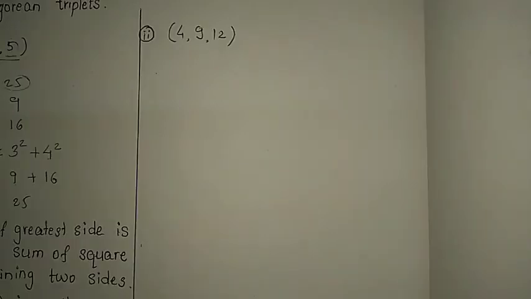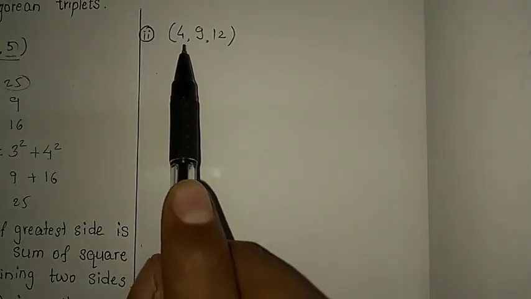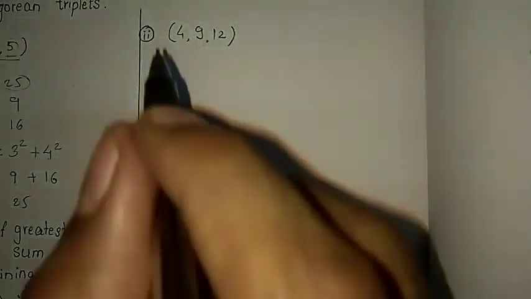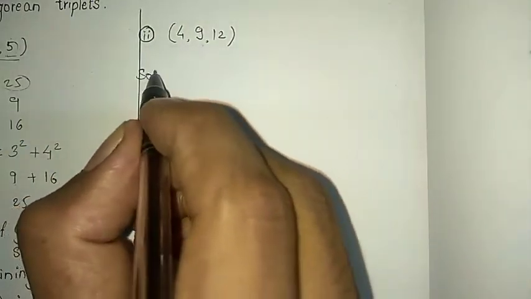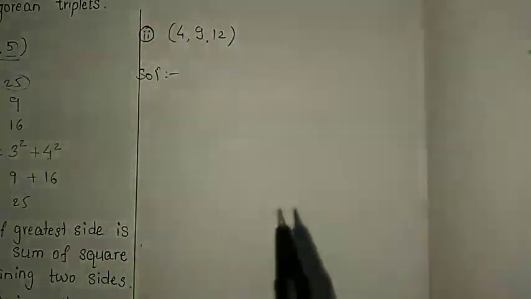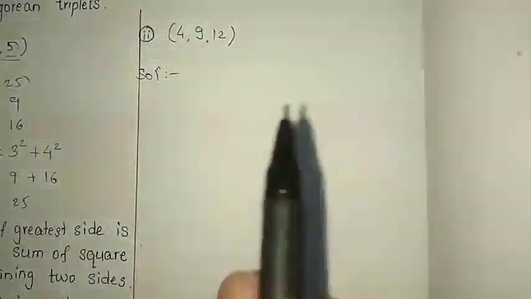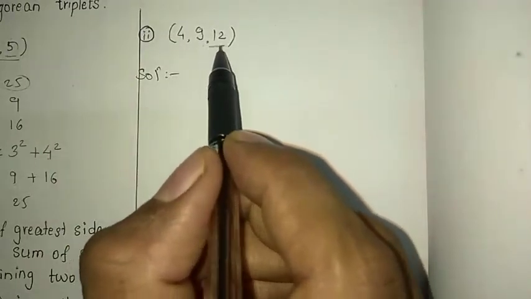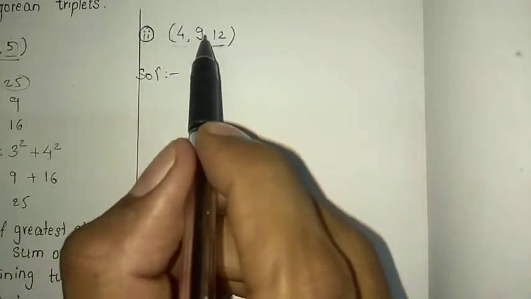Now question number 2 is 4, 9 and 12. Now how to solve this? Yes, the greatest side is 12 and the smaller sides are 4 and 9. How to write it?